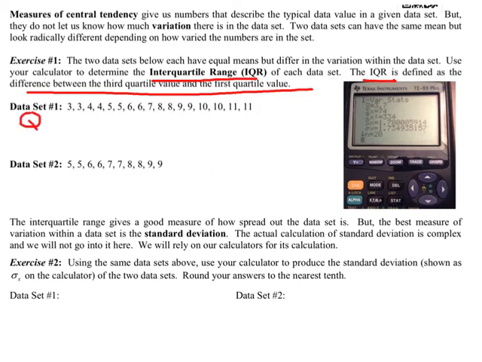So in the first set of data, my Q3 is going to give me 9.5 minus my Q1, and my Q1 is going to give me 4.5. When I subtract them, my IQR, my interquartile range, is going to be 5.